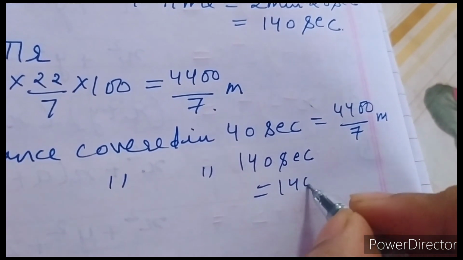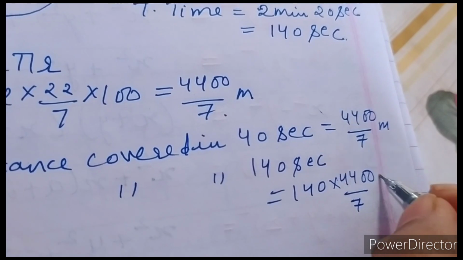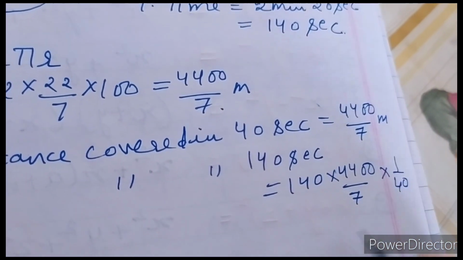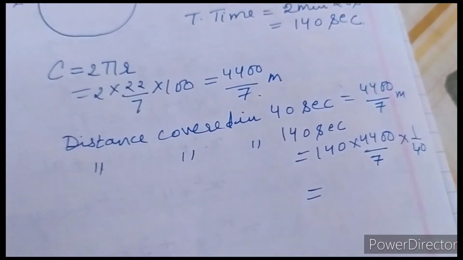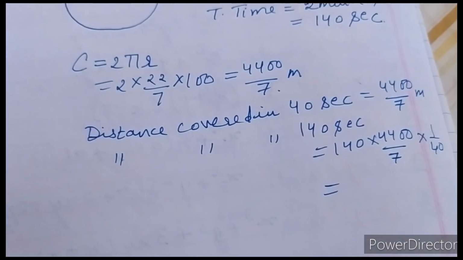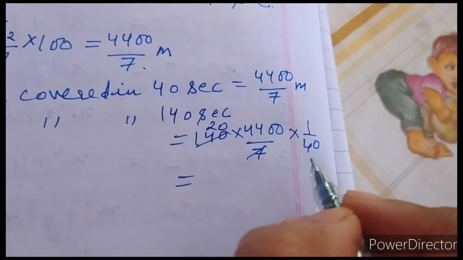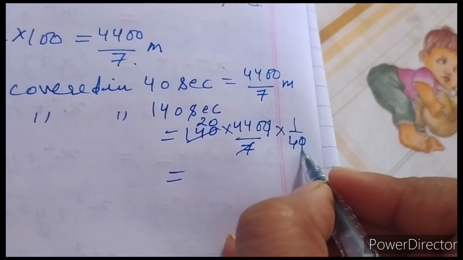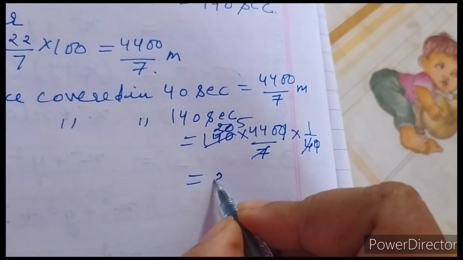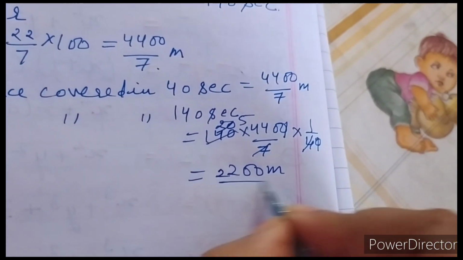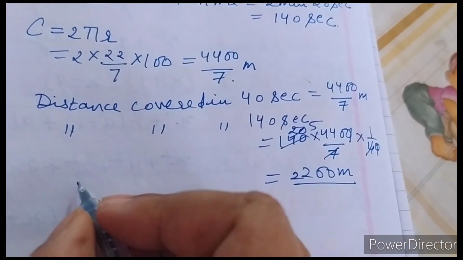That will be equal to 140 into 4400 divided by 7 into 1 by 40, and if you will calculate it and cancel all the quantities, you will get it as 7 2s are 14 and 0 gets cancelled out, and 4 5s are 20. So you will get here 2200 meter. So this is one of the answers, that is the distance covered in 2 minutes 20 seconds is 2200 meter.